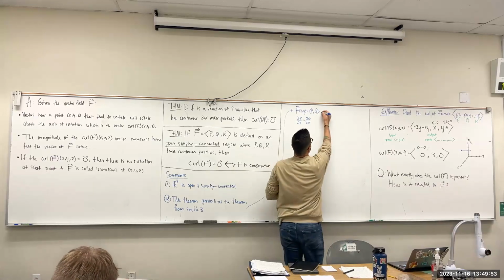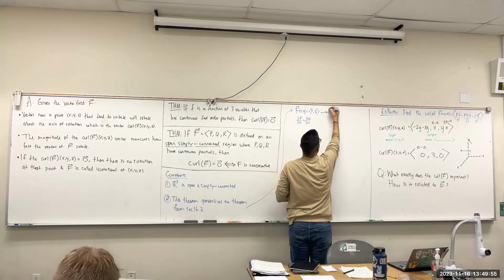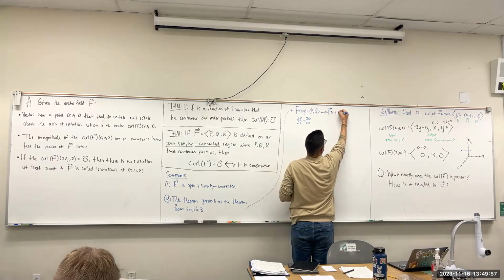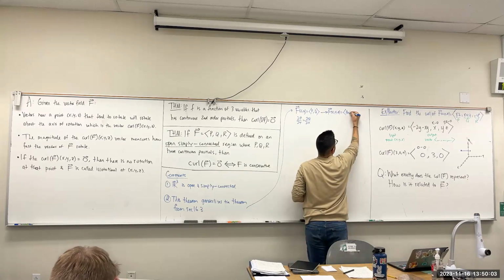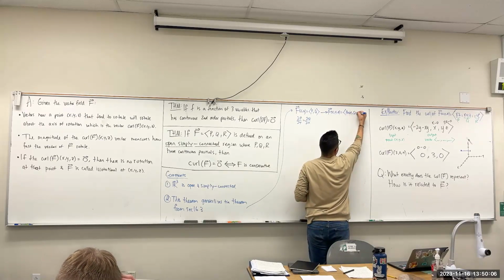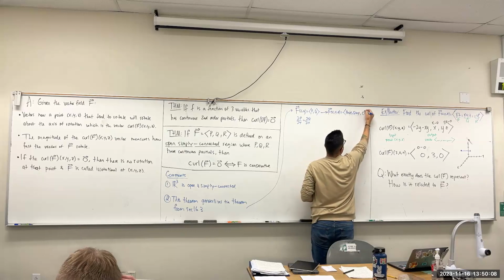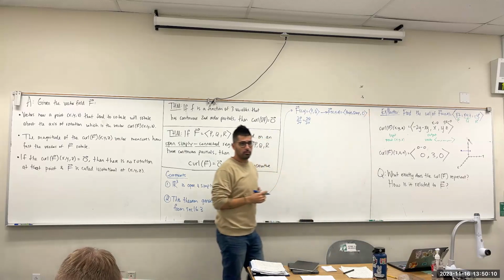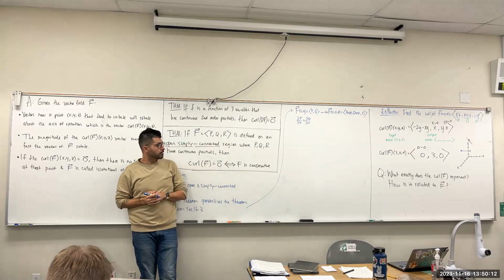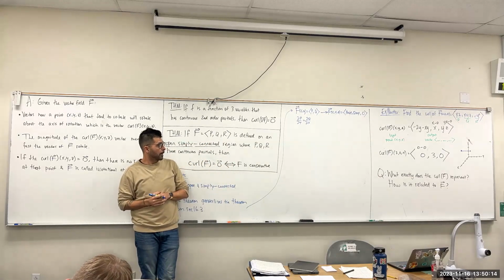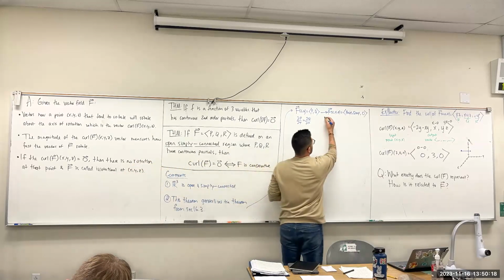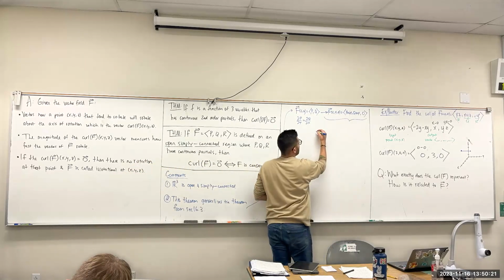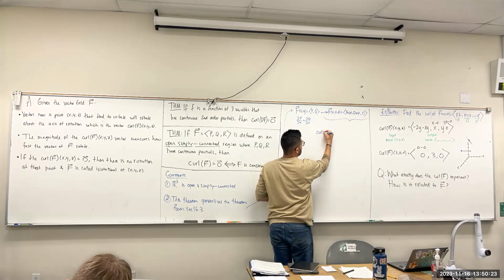So I can turn this vector field into a three-dimensional vector field where I still let P be of x, y, let Q be of x, y, but you just let the z component be 0. All right, with this one, help me take the curl of it.